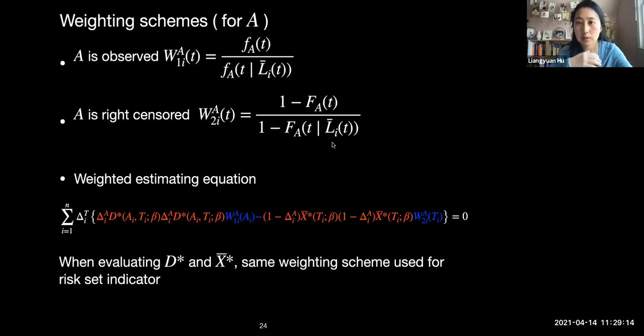Then we can apply this weighting scheme to modify the estimating equation. Note that we need to weight not only those events, but also those individuals who are still in the risk set at a given time point.